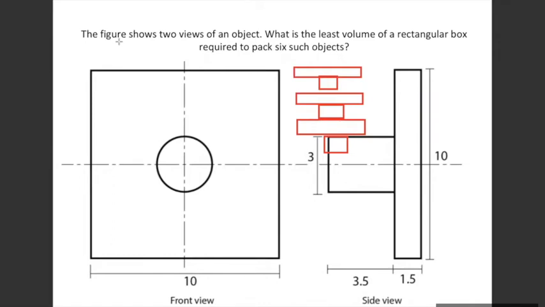Any ideas? Yes, ma'am, by keeping 3 in a line and other 3 on the top of it, but inverted. 3 in line like this, and other 3 on top of it. Just as in the first figure as it is shown, we can keep it like that, 3 in a line. Okay, let's do that.